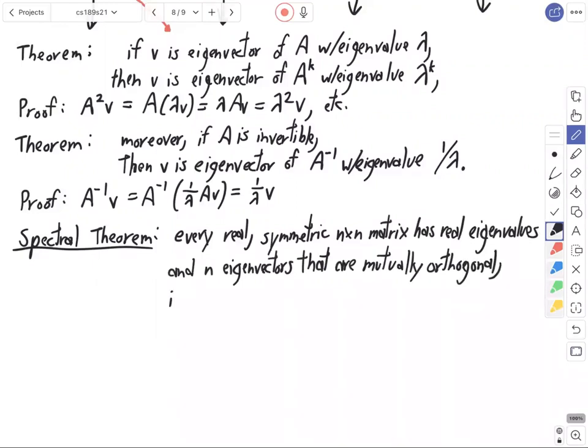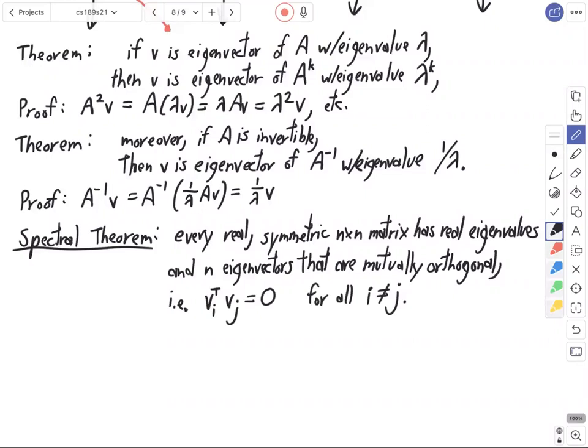And what I mean by that is that if vi is one eigenvector of A and vj is a different eigenvector, then their inner product is going to be 0 as long as i is different from j. And this spectral theorem takes about a page of math to prove, so it's not as simple as the other ones. So we won't do that proof here.